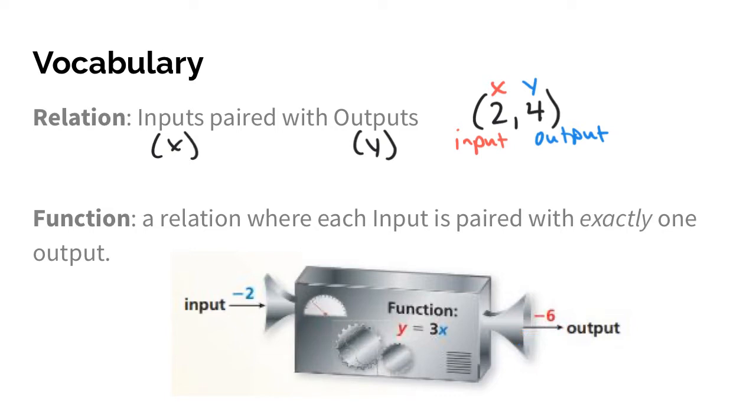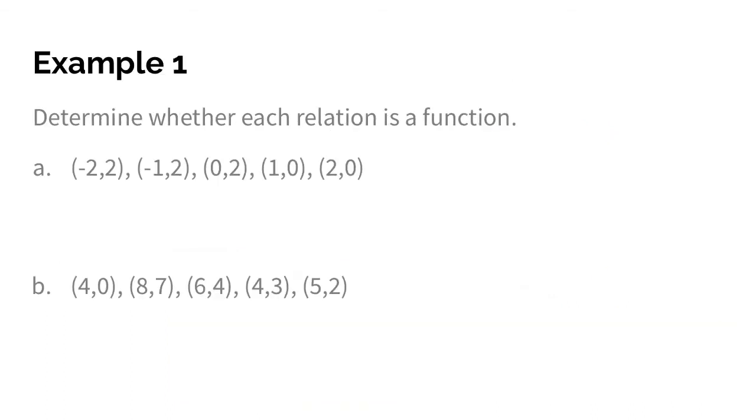What I do not want to see is to plug in an input, let's say, of -2 and potentially get 2 or more outputs out of it. Say instead of -6, I might get a 4. So if I were to see 2 outputs, this would not be a function. So function means that for every input, there is exactly one output.